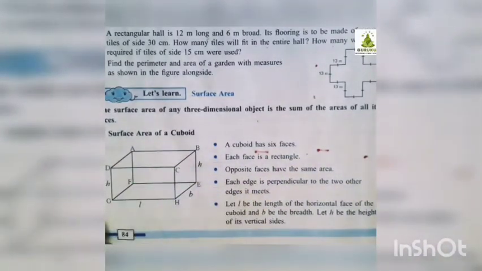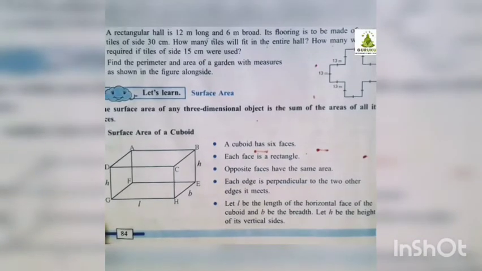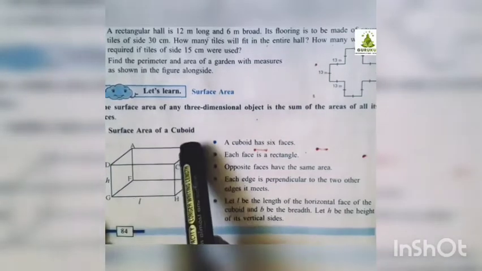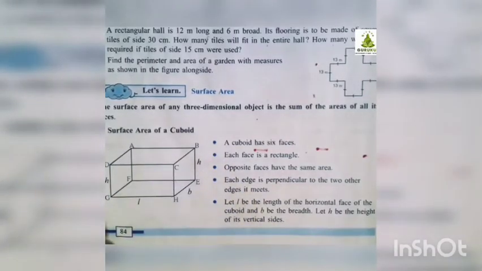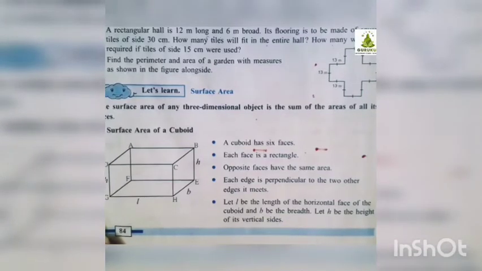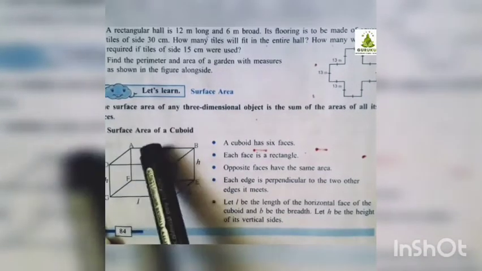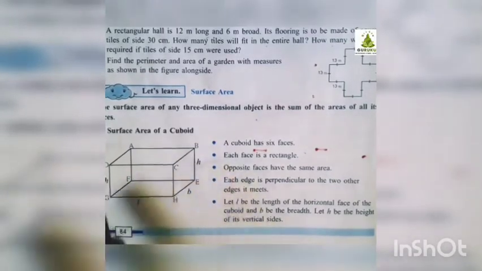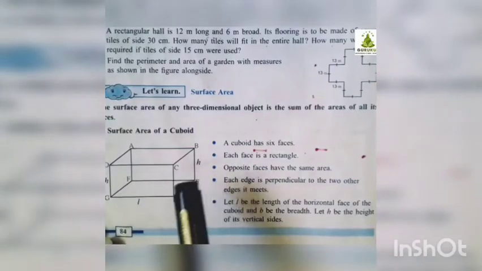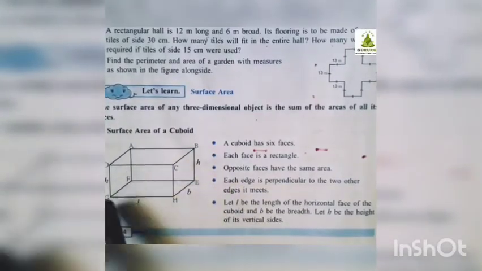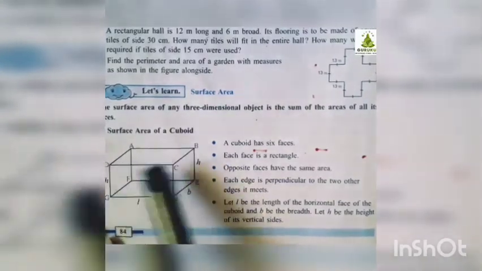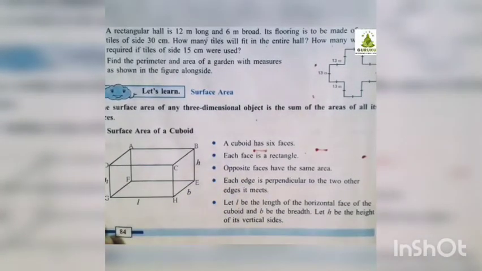Each face is nothing but a rectangle, and opposite faces have the same area, meaning the up and down rectangles will have the same area. The sideways ones, AFGD and BCHE, will also have the same area.